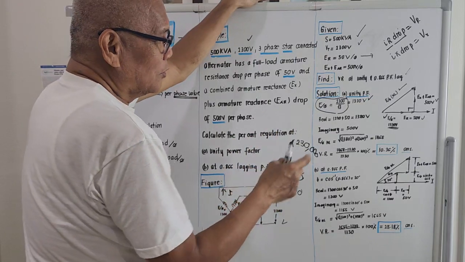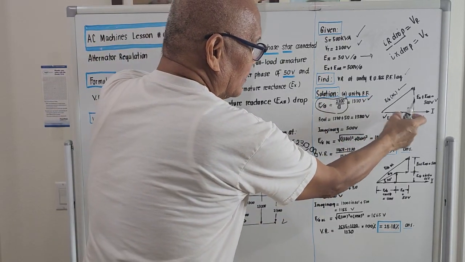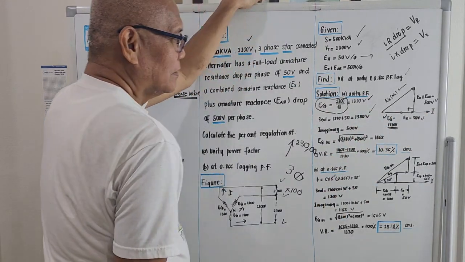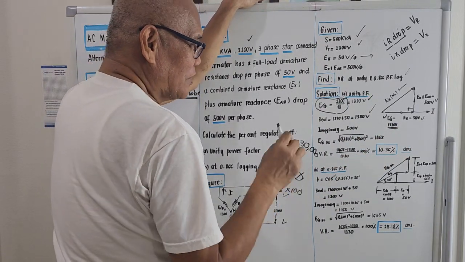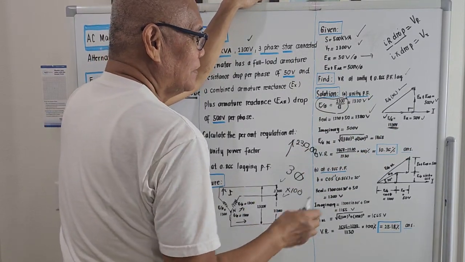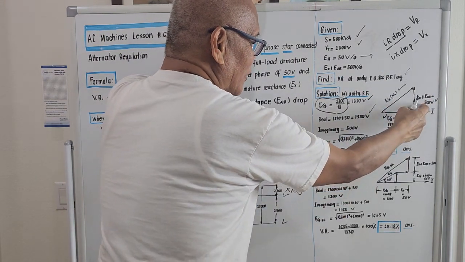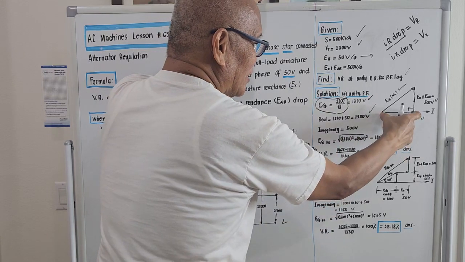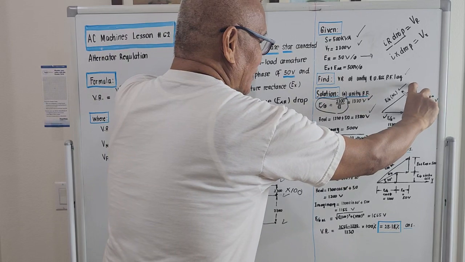The real part of the no-load voltage per phase is this portion here, plus this 50 volts. It is 1380. That's the real part. The imaginary part is this portion here. It is given as 500 volts. So we now know the value of this, 1380, and this is 500.